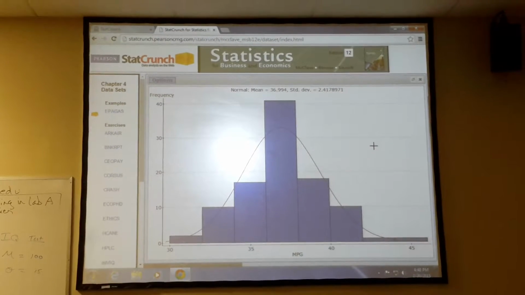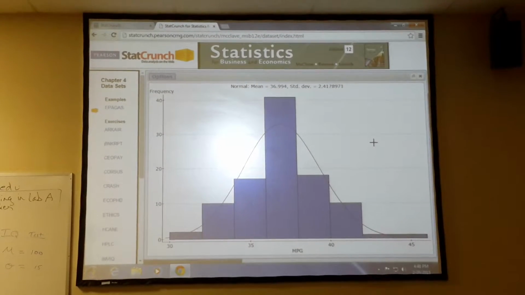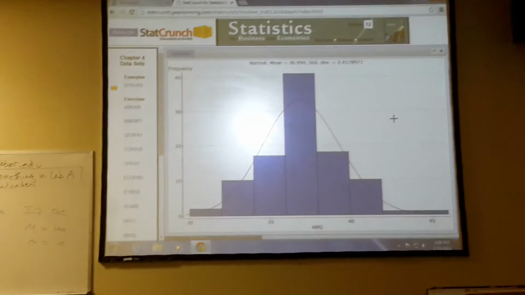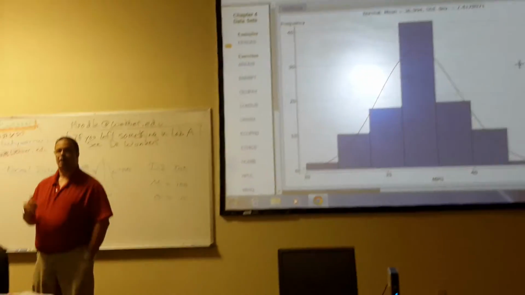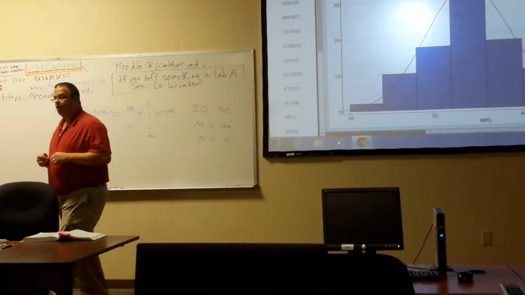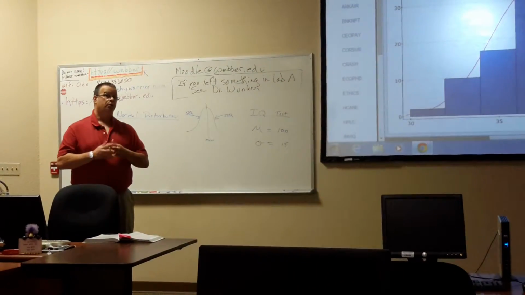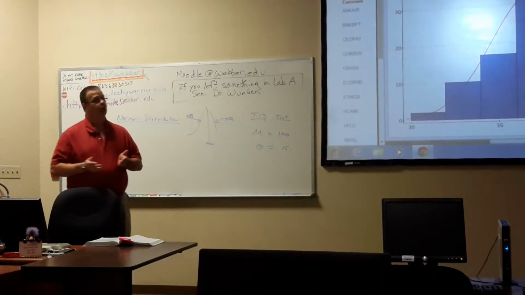Test number 2 is to compute our intervals, our mean plus or minus 1 standard deviation, our mean plus or minus 2 standard deviations, and our mean plus or minus 3 standard deviations, and evaluate those using our standards from the empirical rule.